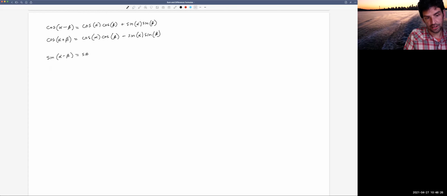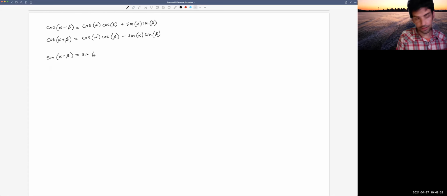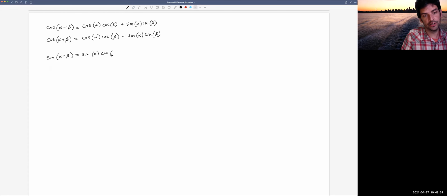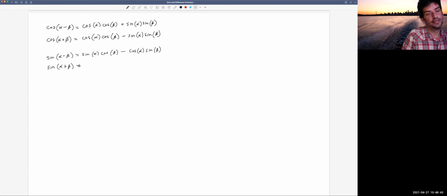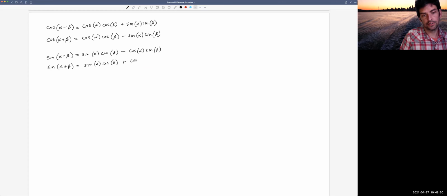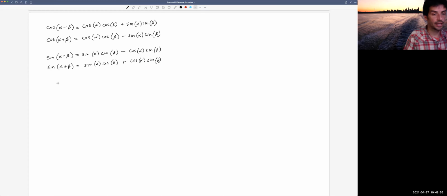So this is going to be sine alpha cosine beta minus cosine of alpha sine beta, and then sine of alpha plus beta is sine alpha cosine beta plus cosine alpha sine beta. Okay, and then finally we have not secant, tangent.